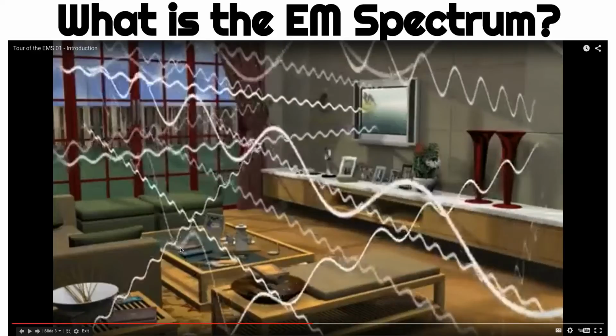The only waves that are not going through you are the visible light waves coming from the TV, or in this case, maybe your cell phone screen or your computer screen. That light is actually interacting with your eyes. Some of that light is being reflected off of your body. But all of these other types of waves, they're just going right through us. Kind of scary to think that all these waves are moving right through our bodies right now. But don't worry, it's not harmful. We'll talk about that in a little bit.